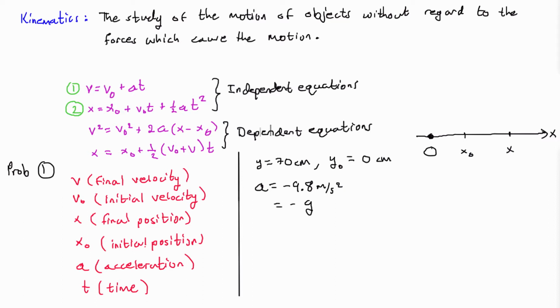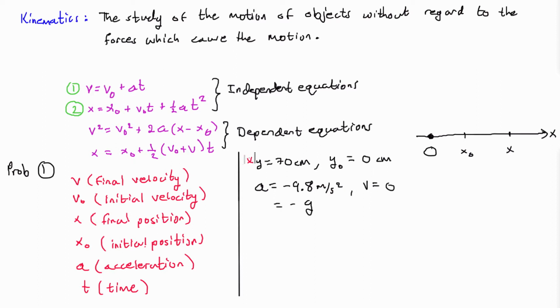He goes up, and then he stops, and then comes down. Right, which means that the final velocity, v, is going to be equal to what? Zero. Exactly, 0.